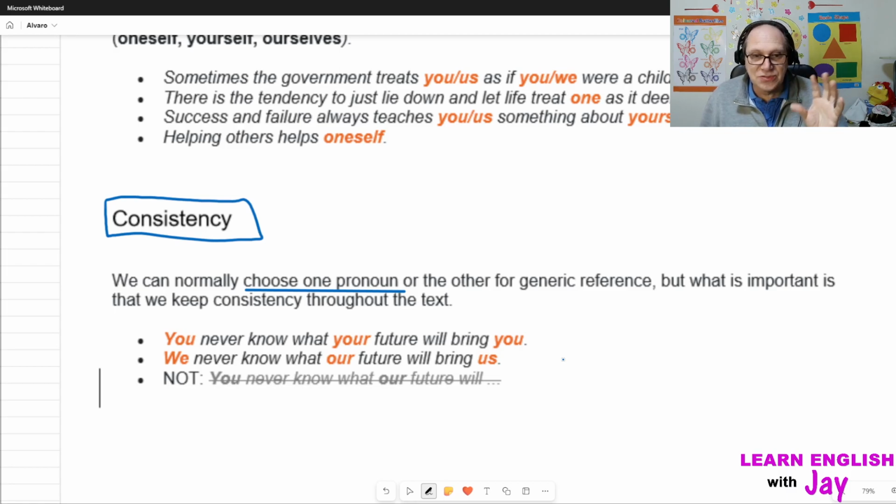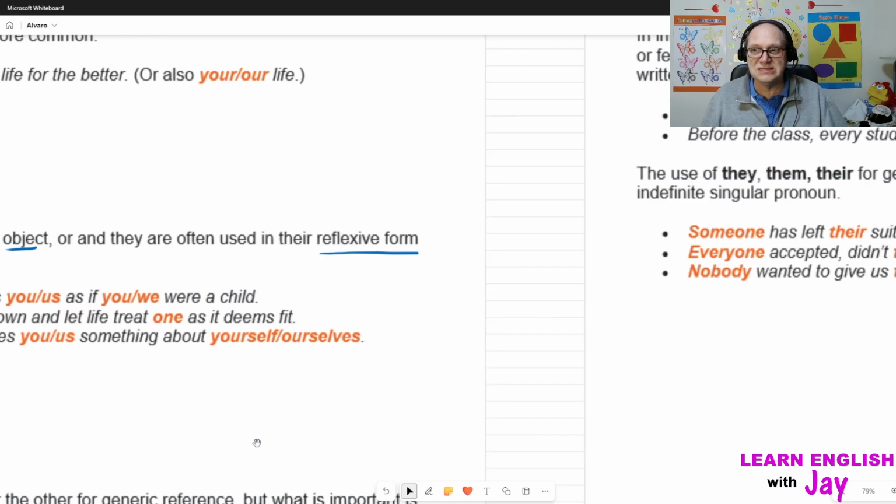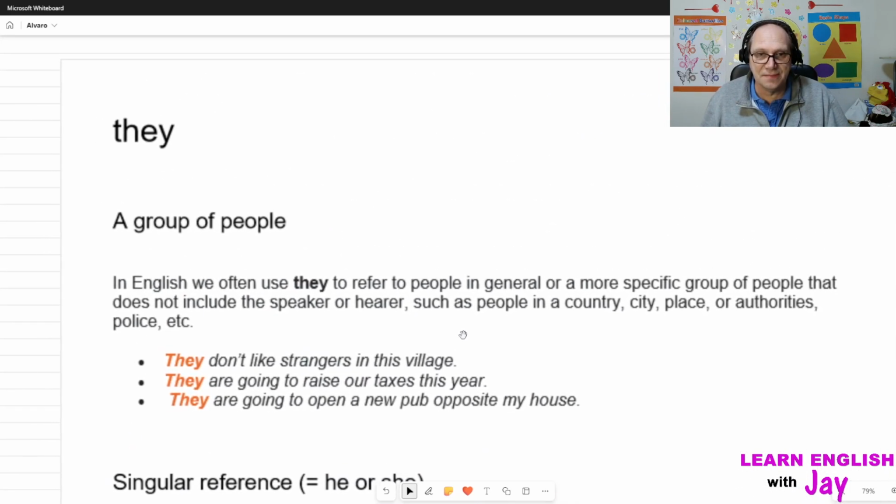In other words, we do not say, you never know what our future will hold or will bring us. So we keep it the same. You never know what your future will bring you. We never know what our future will bring us. We keep that consistency the whole time.